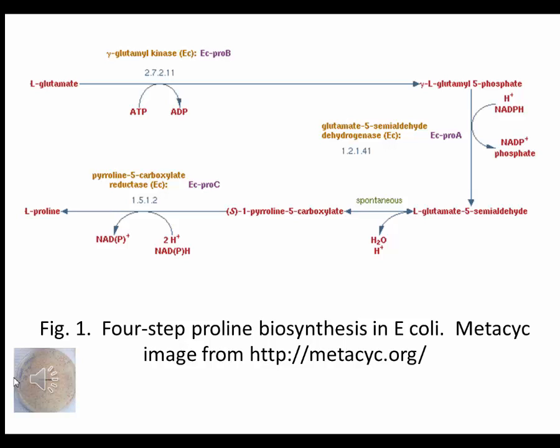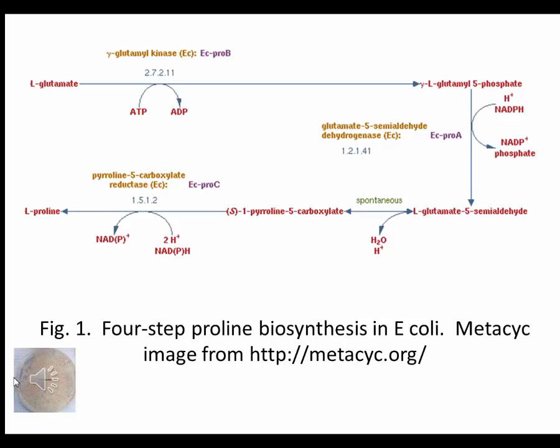first enzyme, which is encoded by the gene proB, requires that interaction with the second enzyme to function, but the second enzyme, which is encoded by the gene proA, can work independently. Then we see that L-glutamate 5-semialdehyde forms 1-pyrroline 5-carboxylate.